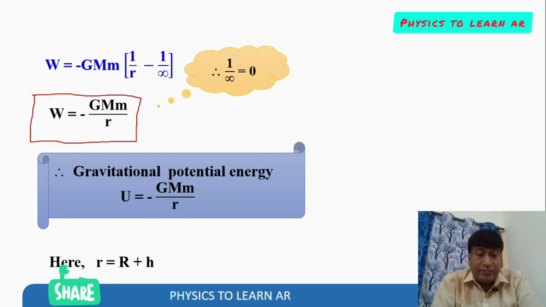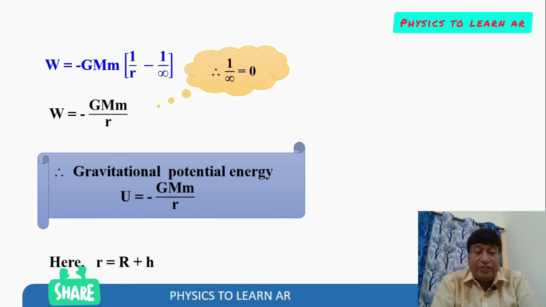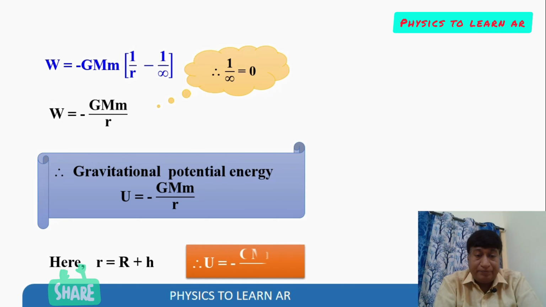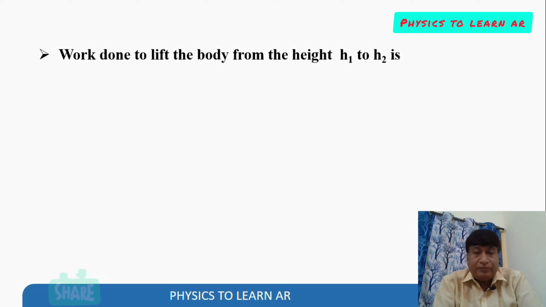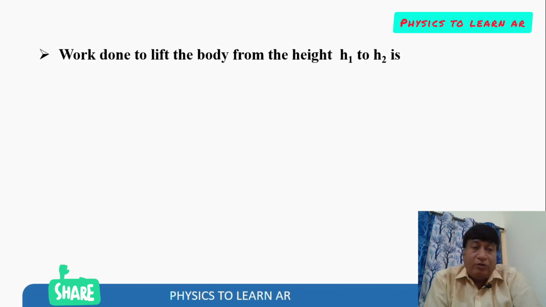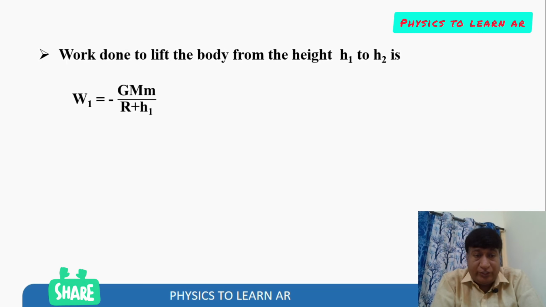In the same manner, r can be taken as on the surface of the earth, or r above the surface of the earth. This is the application part: the work done to lift the body from height h1 to h2. W1 is equal to, above the surface of the earth, minus G M m by r plus h1.